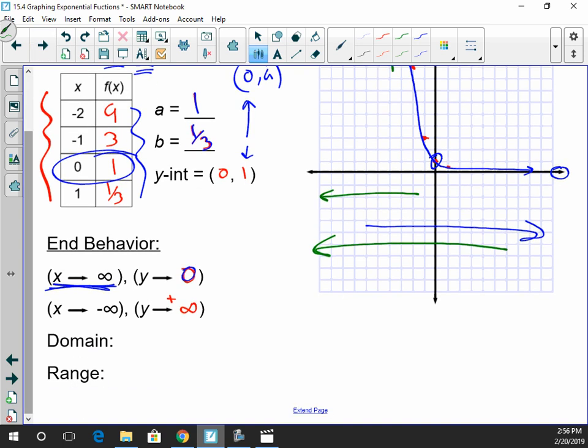That means it approaches positive infinity. If we look, everything as we go in the negative direction is being multiplied by 3. 1 times 3 is 3. 3 times 3 is 9. The next value at negative 3 would be positive 27, and on from there. So it approaches positive infinity in the negative direction.